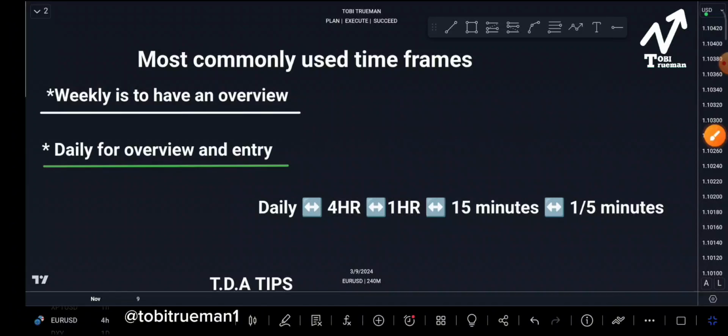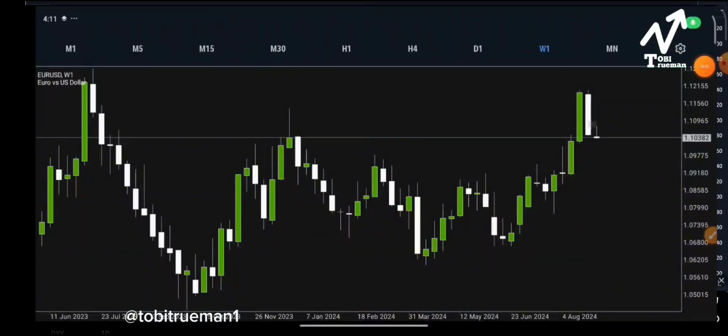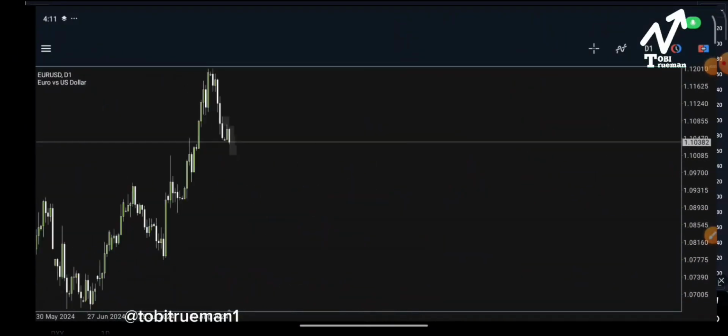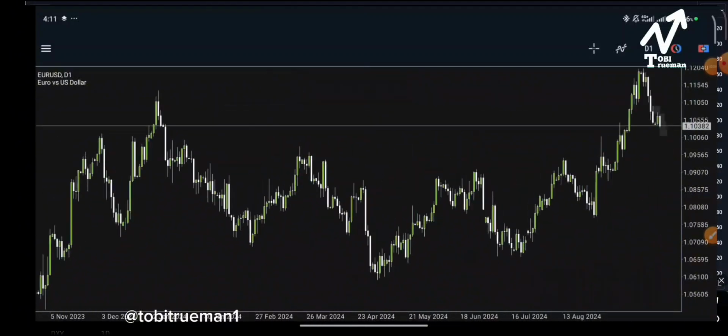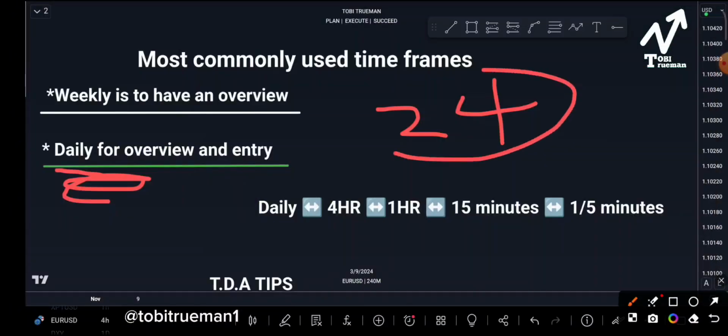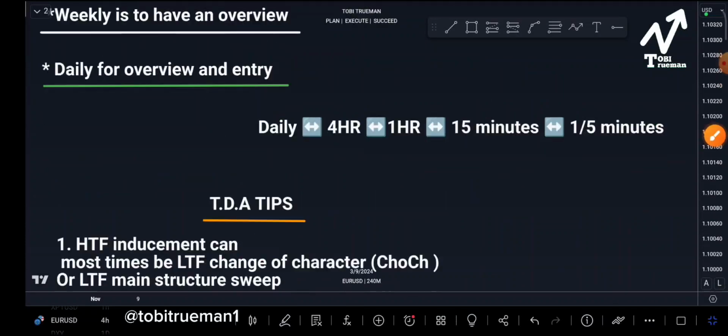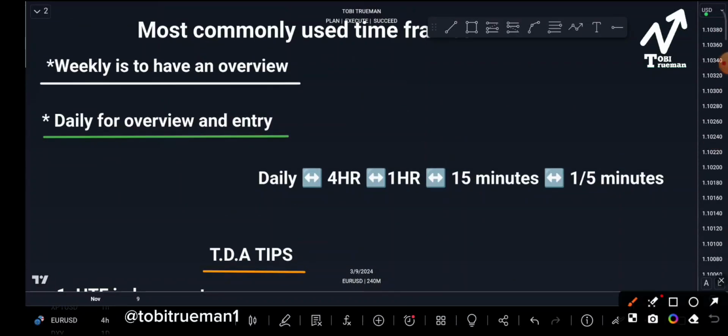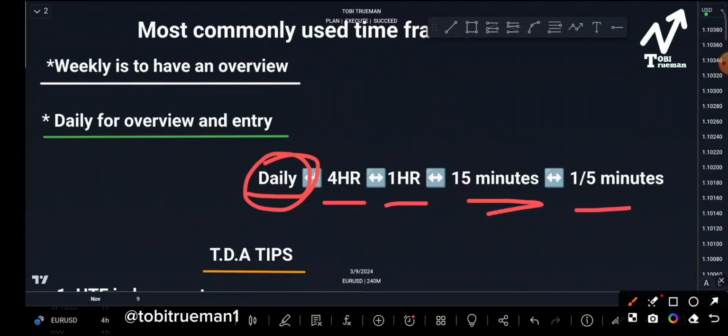All right. Then we also know that in a day there are 24 hours. So we want to know what the trading opportunities are between these 24 hours available in a day. Our major focus is going to be how we look at what price will tell us that throughout that day, this is what price is going to do. We'll mark our chart from the daily time frame. Then we'll check on the 4-hour time frame, 1 hour, 15 minutes, 1 minute or 5 minutes.